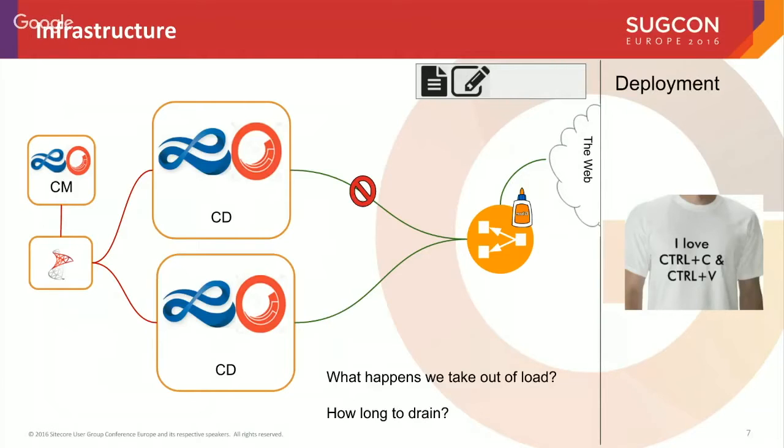The other problem we found with deployments is that basically that IP address never became quiet long enough for us to actually take something out of load. Because you've got like 1,000 users, they're always visiting the website. So unless you have a very particular business need, I will try and avoid using anything other than cookie based, where you can actually identify the user.